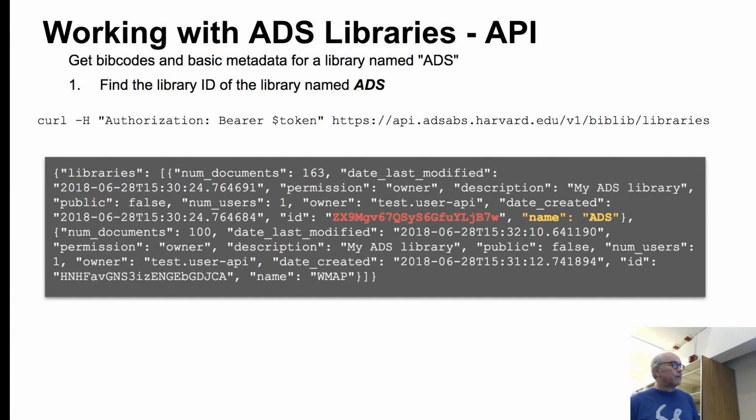And then you look in the result set for the library that you want to work with. In this case, it has the name ADS, and that will provide you with an important feature for the next step, because that will give you the library ID. In further steps, you will need the library ID to, for example, get the actual contents of the library.